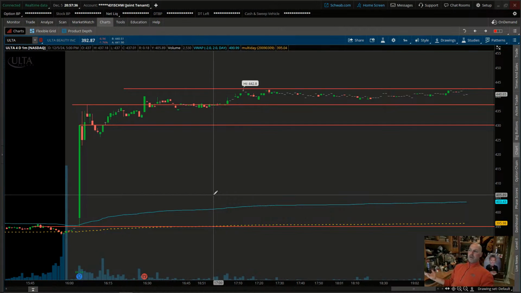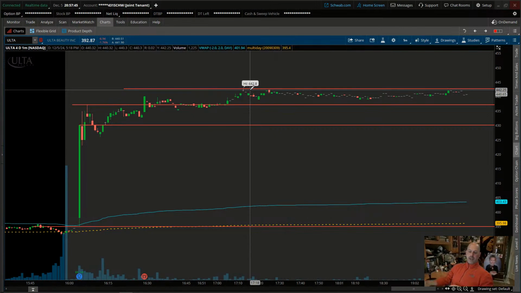And I already got my trade, right? So this stock opens up tomorrow at 442 and change or higher. So again, if you are taking notes, which I don't know if anybody does anymore, if Ulta is above 442.80 and breaks 442.80, short it.